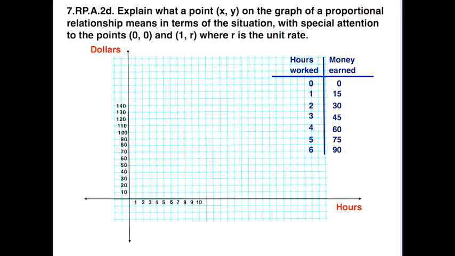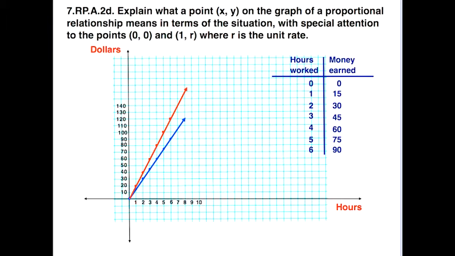And if we plot these, we plot our point (0, 0), the point (1, 15), the point (2, 30), (3, 45), and the rest. Connect these too, and here's our linear graph.